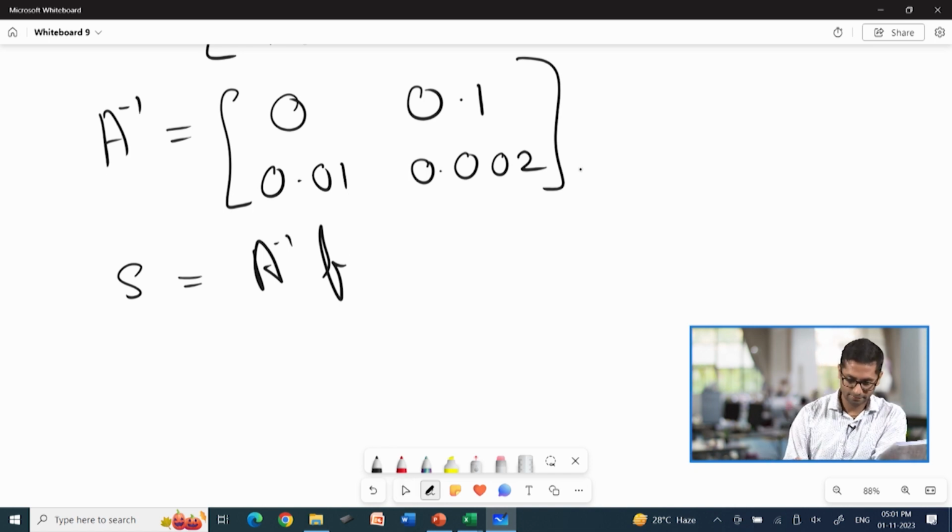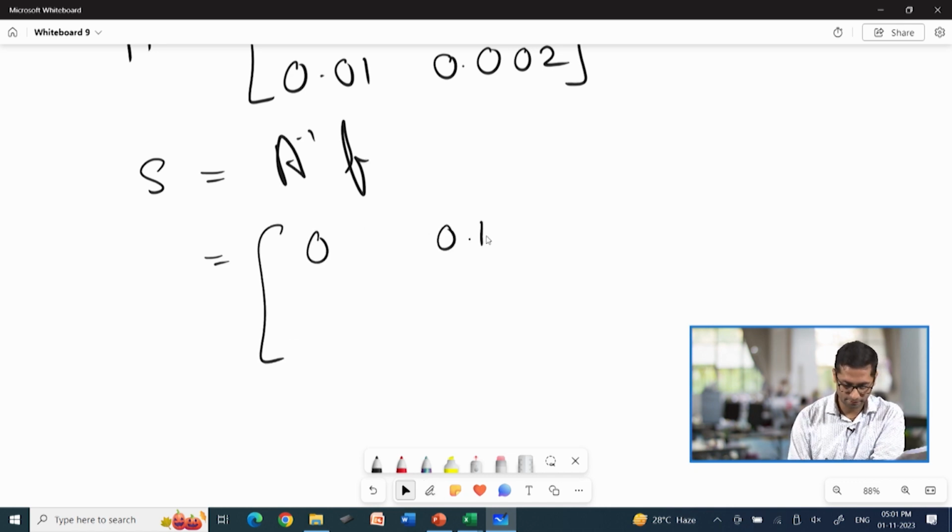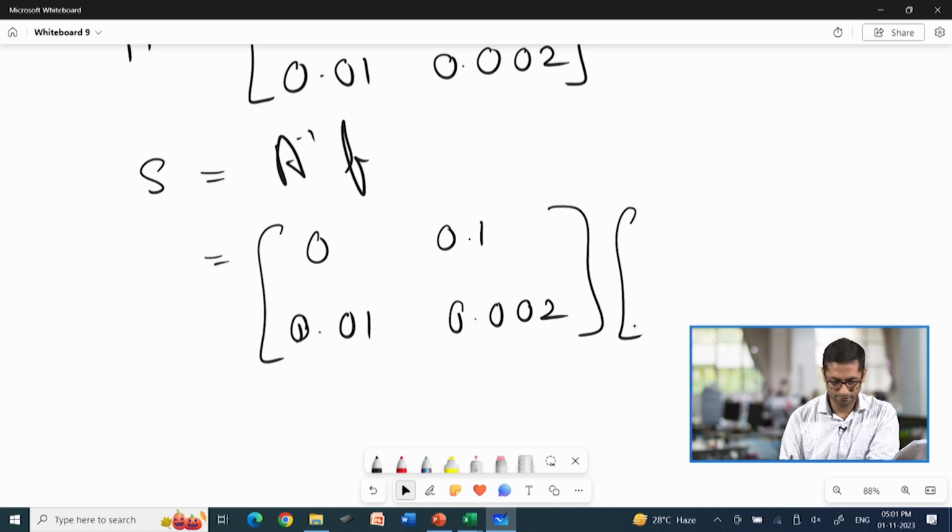So, in this case we would have the same matrix 0, 0.1, 0.01 and 0.002, multiplied with the function unit, which is 0 and 1000.